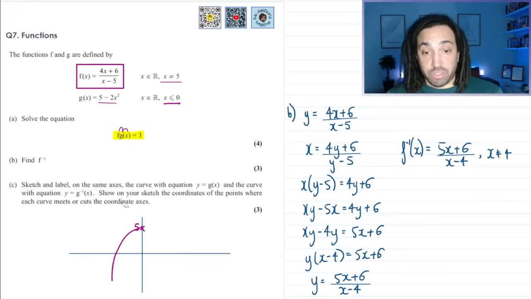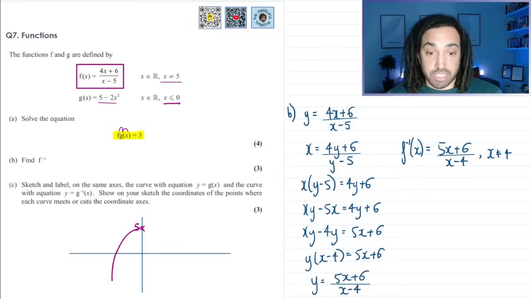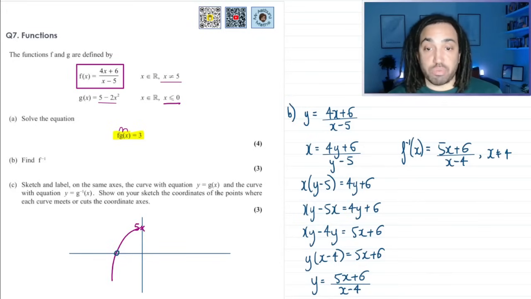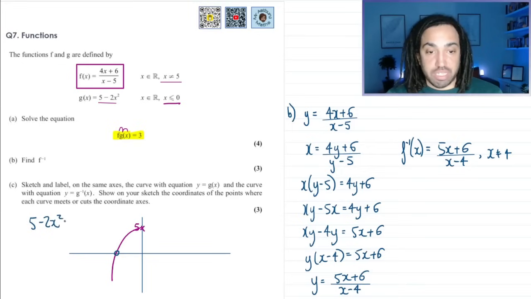What we are going to have to do is we're going to have to solve to find the root, to find this value here, because it does show where the curve meets the coordinate axis. So we're going to have to solve 5 minus 2x squared equals 0. So a bit of rearranging gives x squared is equal to 5 over 2.